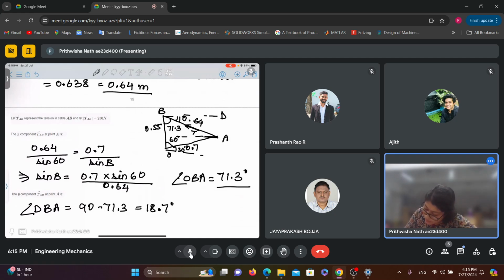Now this is 18.7 degrees, so I can say this also as 18.7 degrees, right? These two lines are parallel, right?